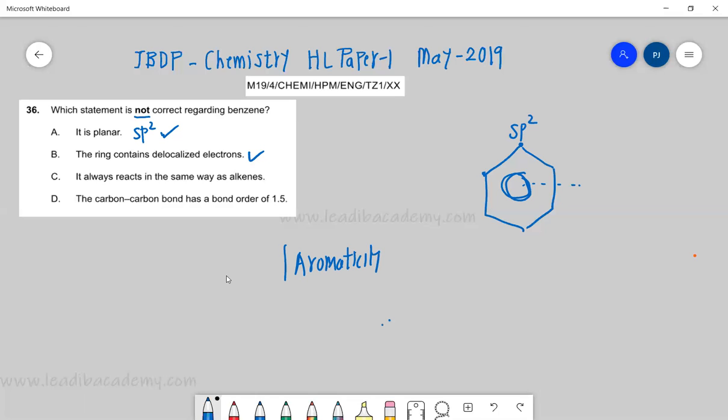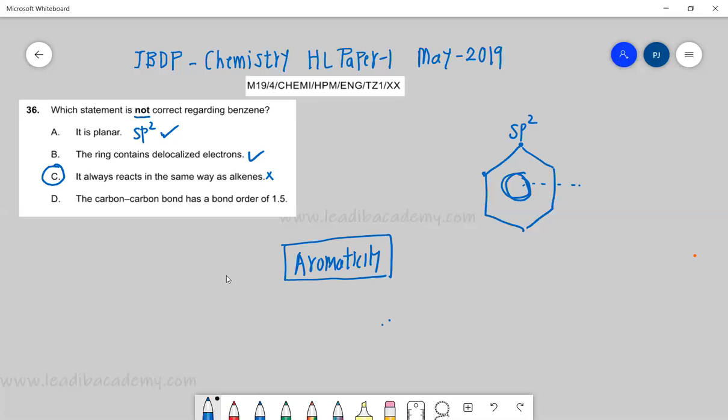That's the reason benzene is extremely stable, so it doesn't show highly reactive reactions like alkenes. So this is not correct. That means this is the correct option.